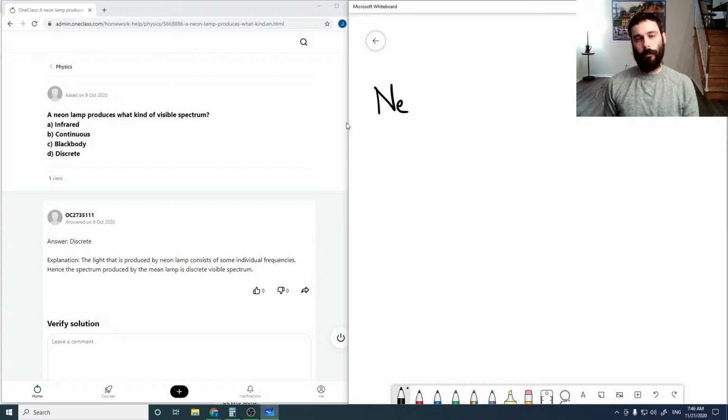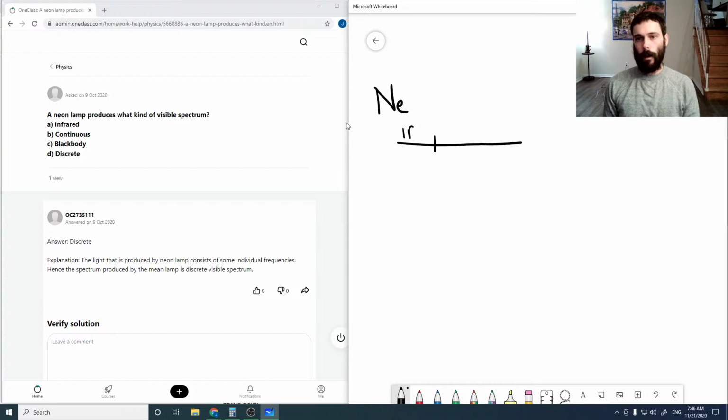But in any case, if we run through each of these anyway, neon lies in the visible spectrum. That's why we see it, and also you can't have an infrared visible spectrum. Those are just two different areas of the electromagnetic spectrum.